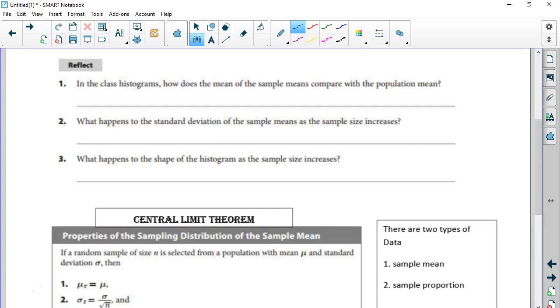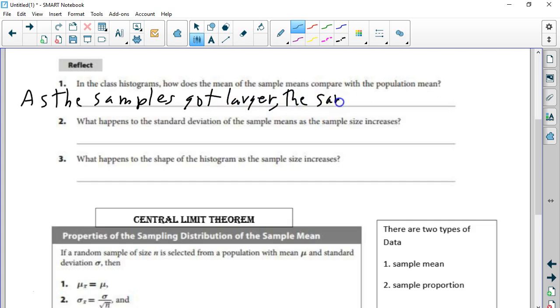So, in the class histogram of the 20 students, how does the mean of the sample means compare with the population mean? Well, as the samples got larger, the sample mean got closer to the population mean.